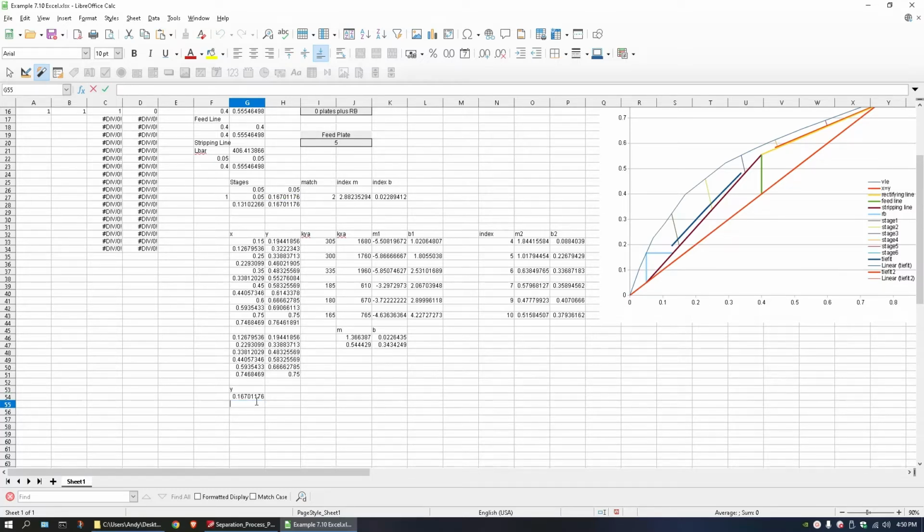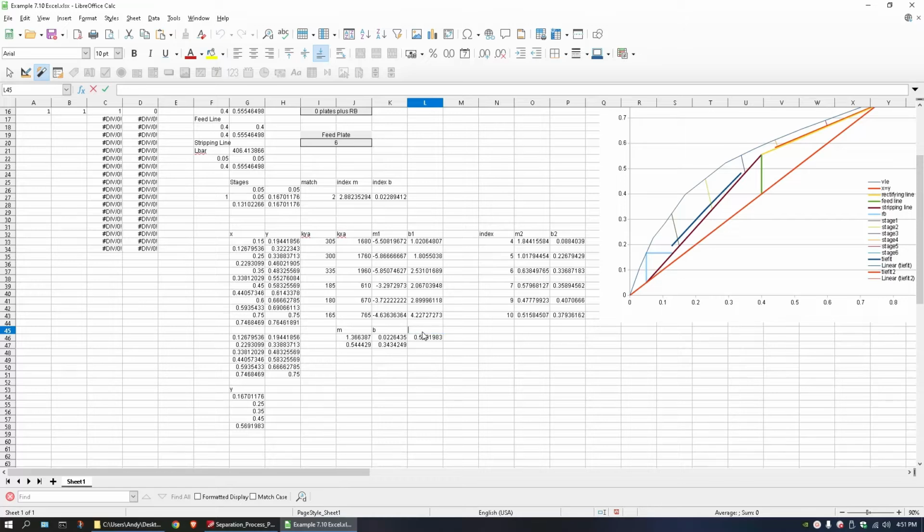The book uses various values across the board of 0.25, 0.35, 0.45, and then at the very end it's going to be where this line ends, so we can calculate that out as m times 0.4, since we know that our feed line is at 0.4, that's where it's going to end, plus our b, so 0.567, it's going to be that.